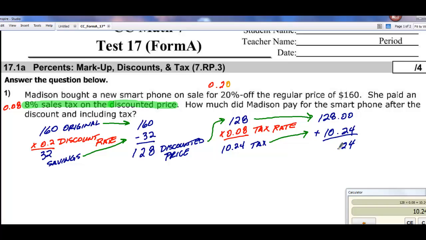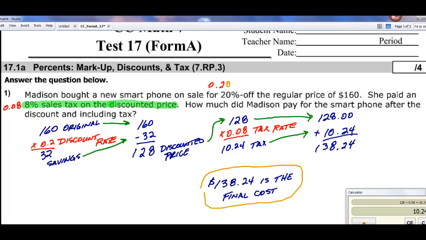So 4, 2, 8, 2 and 1 make 3, 1, $138.24 is the final cost. That's what Madison is going to pay, $138.24.